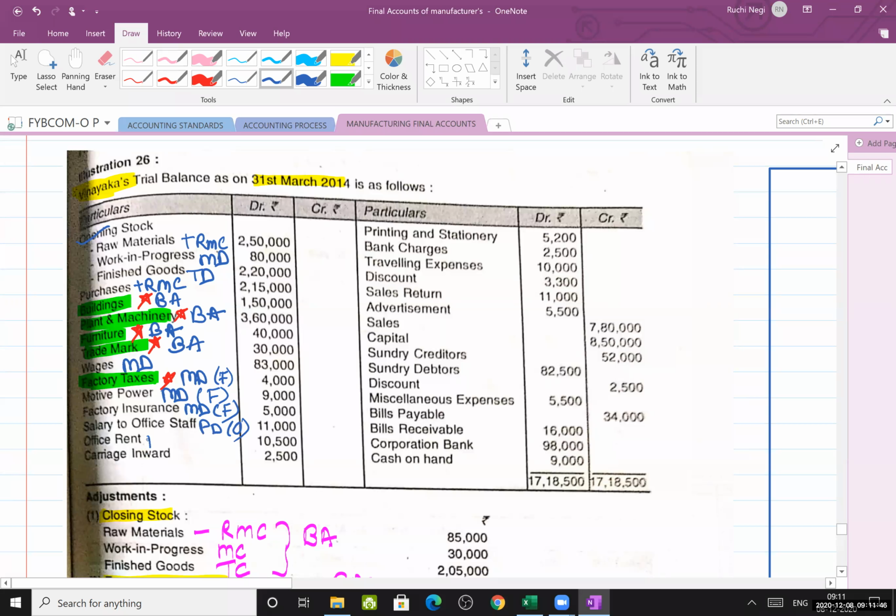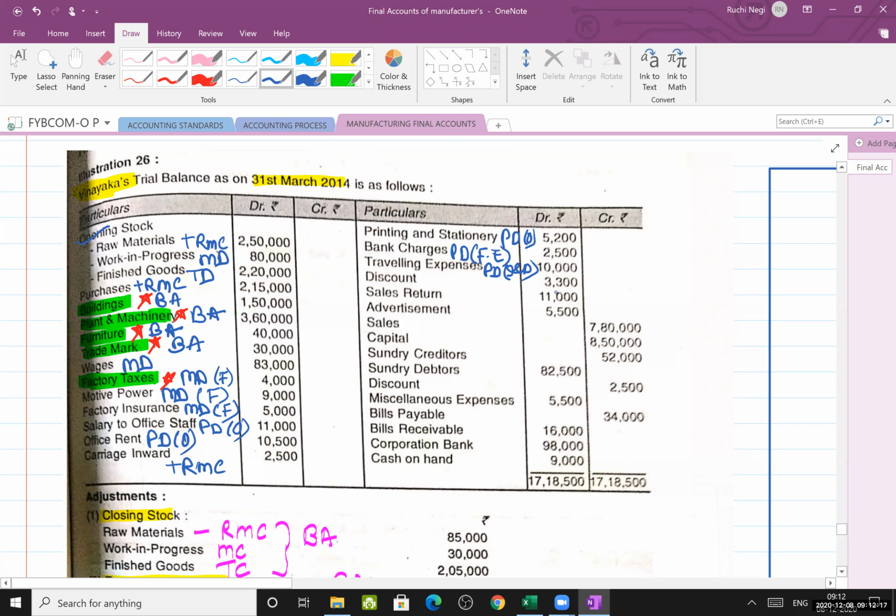Office rent, P&L debit under the heading office. Carriage inward, it is in connection to purchase of raw material. So add to the formula of raw material consumed. Printing and stationery, P&L debit under the heading office. Bank charges, P&L debit under the heading financial expense. Traveling expense, P&L debit under the heading selling and distribution.